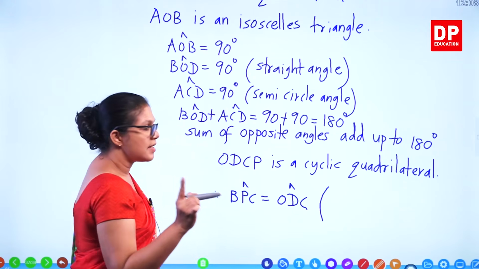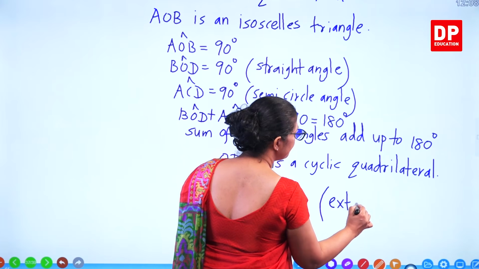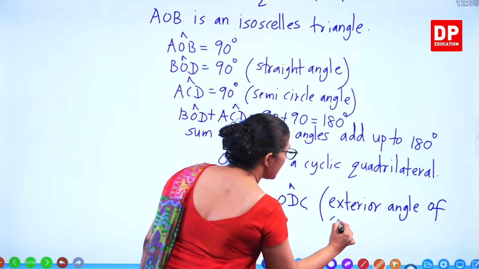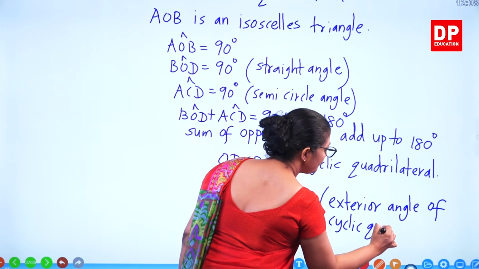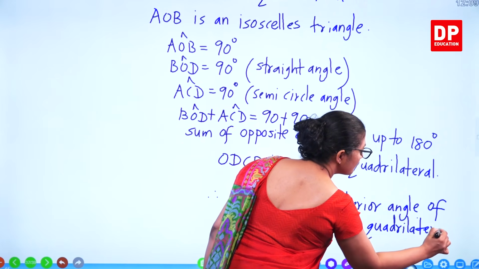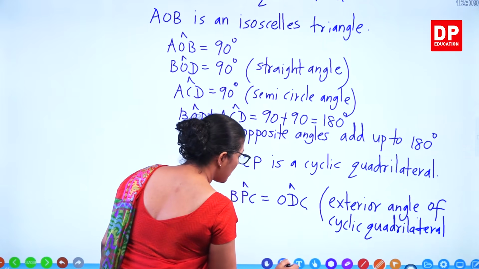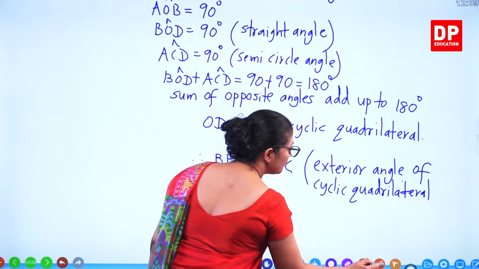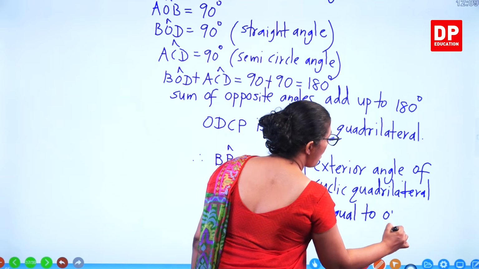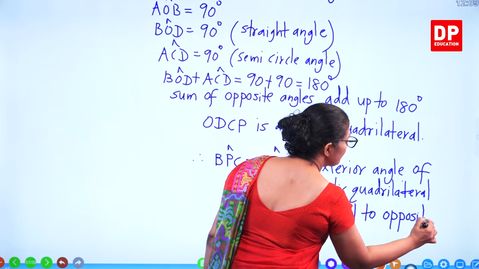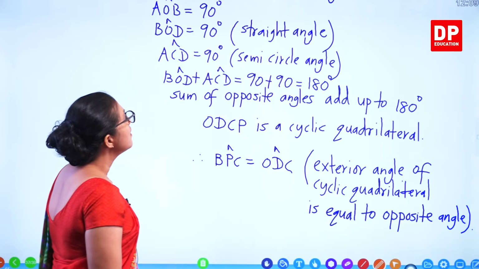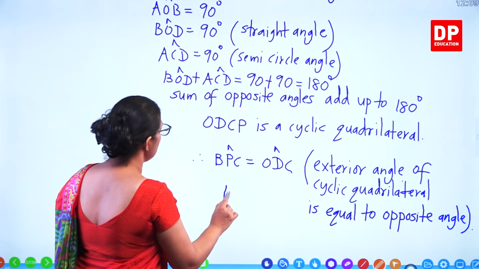Why? Exterior angle of a cyclic quadrilateral is equal to the opposite angle. So that's the reason.